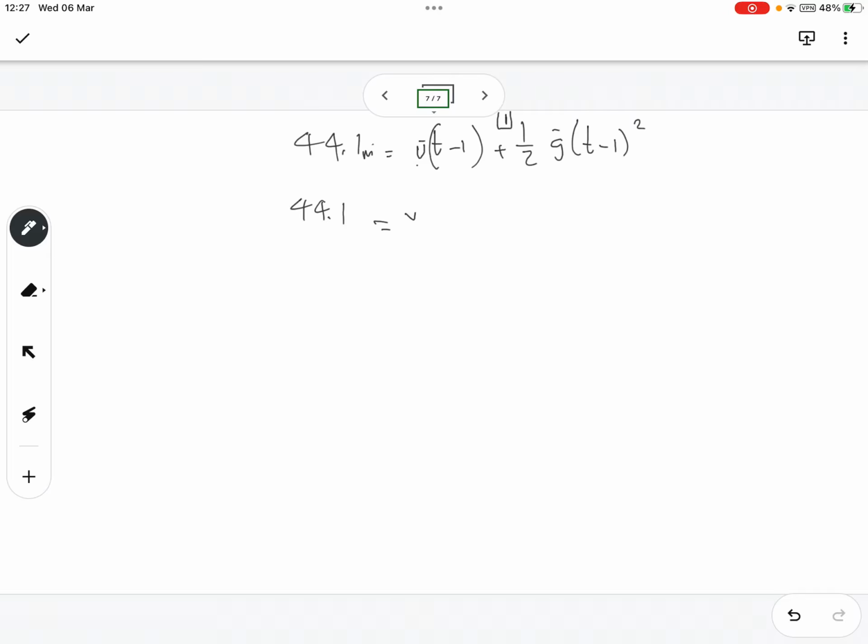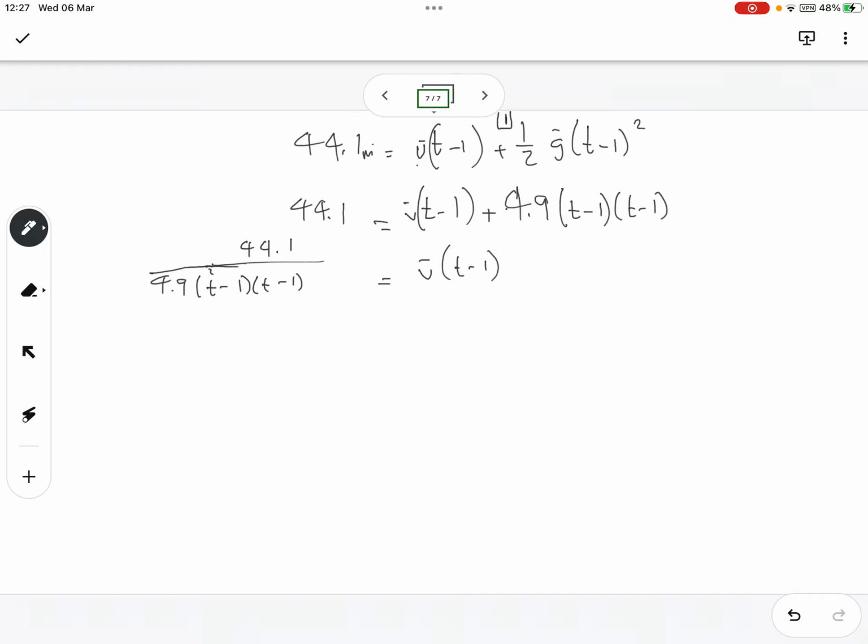So 44.1 equals v, let me just say t minus 1 for now, plus 4.9 into v t minus 1. 44.1 over 4.9 t minus 1. Then v would be 44.1 over t minus 1.